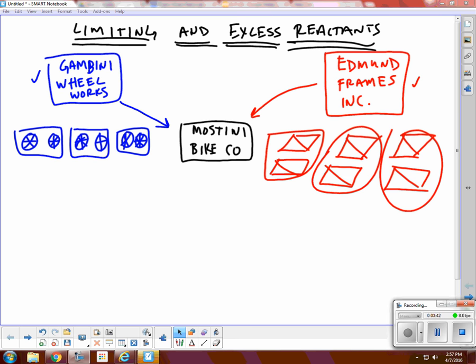The second thing is we can write an equation about how to make a bike, kind of like we did before, but a little different. Knowing that wheels come in packages of two off the truck, and frames also come in packages of two off the truck, we can make an equation for making a bike.